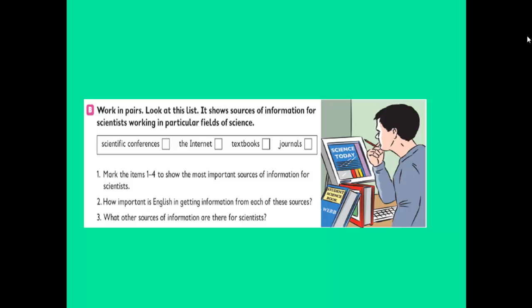Number 1. Mark the items from 1 to 4 to show the most important sources of information for scientists. 2. How important is English in getting information from each of these sources? Number 3. What other sources of information are there for scientists?